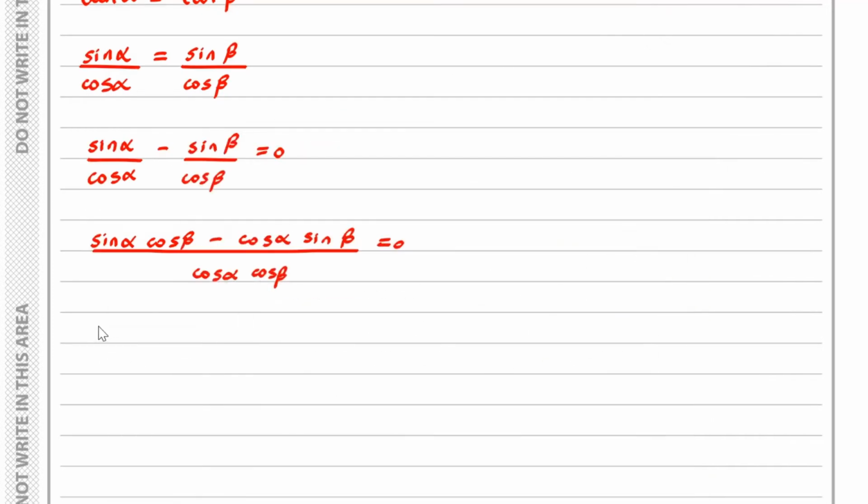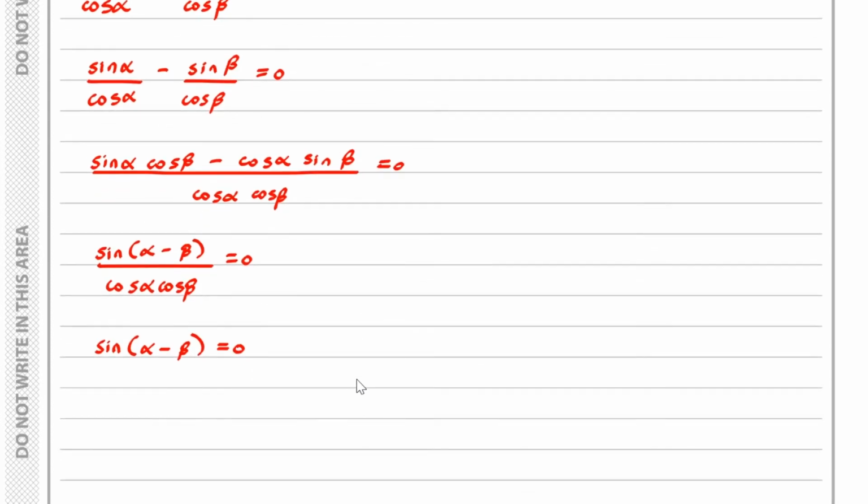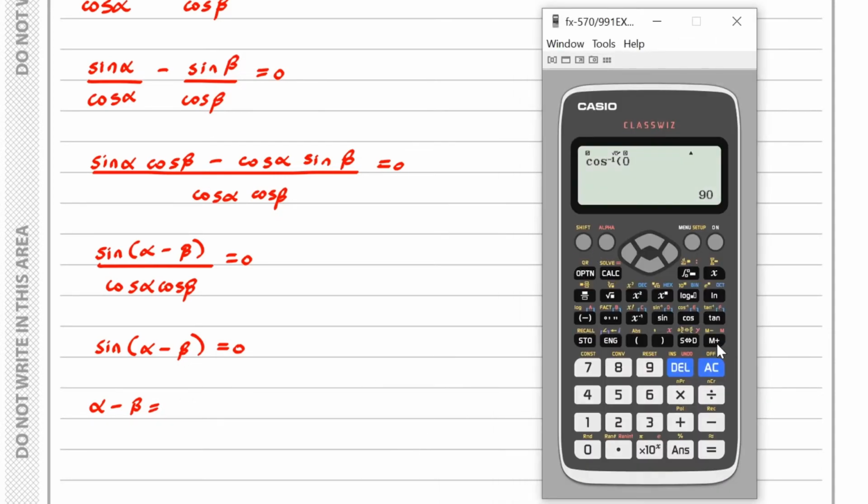So using that, on the top we have sine of alpha minus beta, and on the bottom we still have cos alpha cos beta, and all this is equal to 0. So here we have sine of alpha minus beta, which is equal to 0, and if I take the inverse sine to find out what alpha minus beta is, the inverse sine of 0, that's 0.